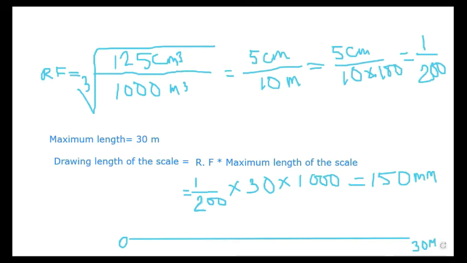Okay, now what we'll do, we first draw a horizontal line of 150 millimeter. And we take 10 millimeter thickness, or 20 millimeter thickness, on both sides and draw the complete rectangle, because this is basically the thickness of the scale.